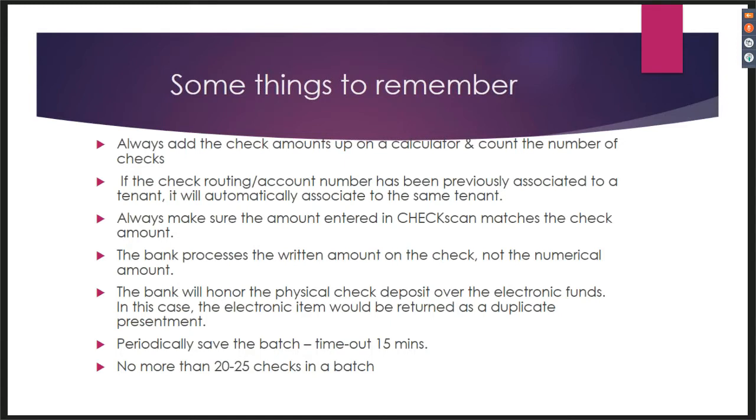The bank is going to process the written amount of the check. So make sure that the written amount and the numerical amount match. So if they write a check, say the numerical amount is $5, but the written amount is $1, it's only going to process $1.